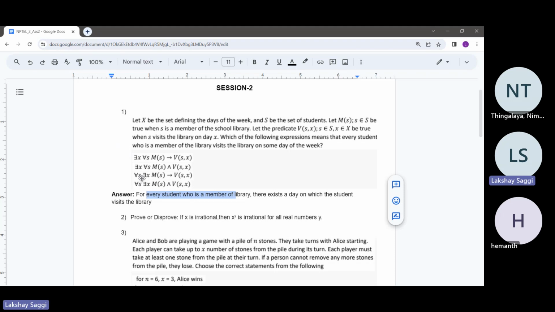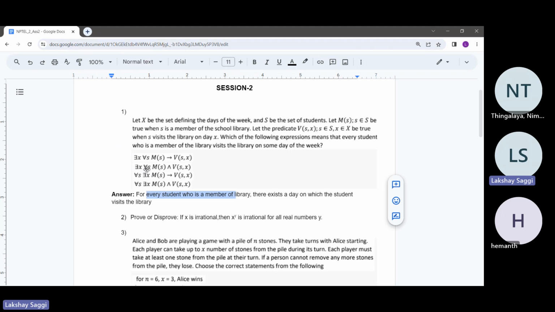Similarly, let's see option C instead. Option C is saying that for all students S, there exists a day X such that M of S implies V of S comma X. What's the meaning of implication?